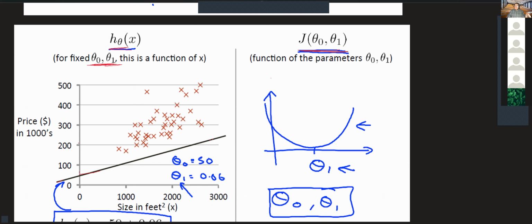Whenever we have parameters, we get a model. This is one version of the model. And the cost function shows us the cost for a lot of these models. So each point on the cost function is one of these models, is one h of x, right? So I have a lot of these and I can put them in.